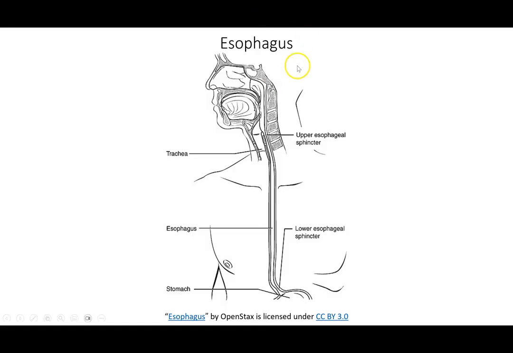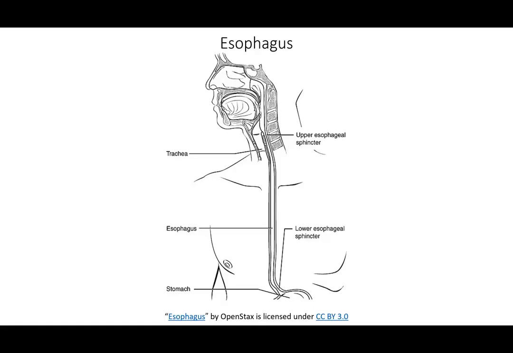So here's our esophagus. We do have an upper esophageal sphincter up here at the bottom of that laryngopharynx. And so that is why sometimes it can feel like food gets stuck in your throat, is because that sphincter is present there and it is controlling how much food can get sent down the esophagus at once, because swallowing large quantities of food at a time can be very uncomfortable and press on a lot of other structures and cause some issues.